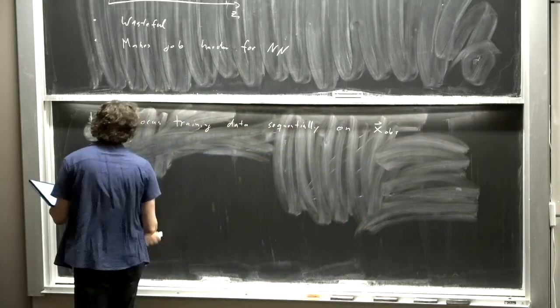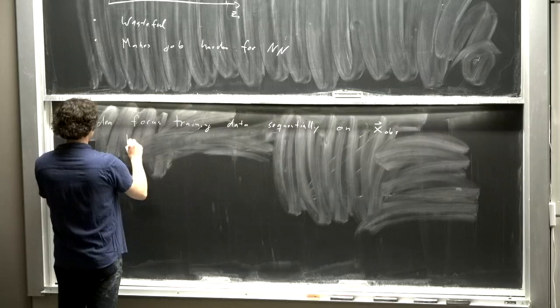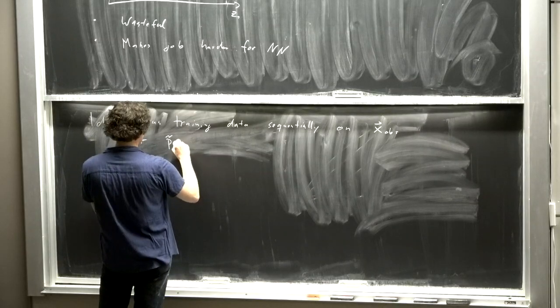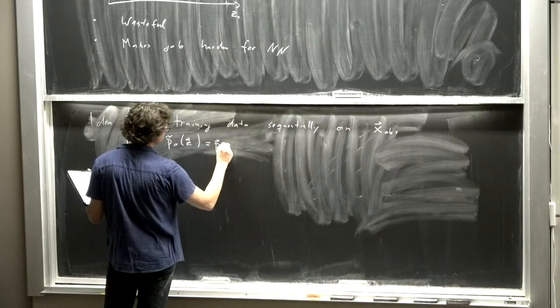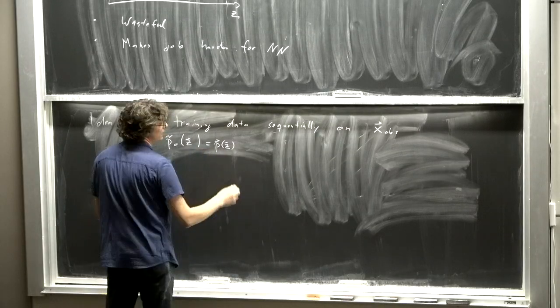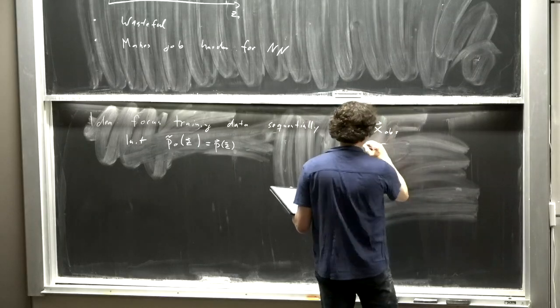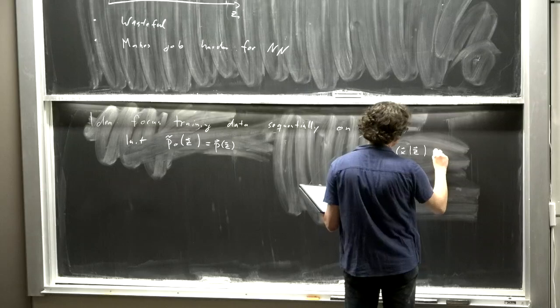And one way to do this, and it's not necessarily the best way, but maybe the simplest way, is you initialize some initial proposal distribution when you generate training data, right? So data is always generated by your simulation model, usually times some prior.